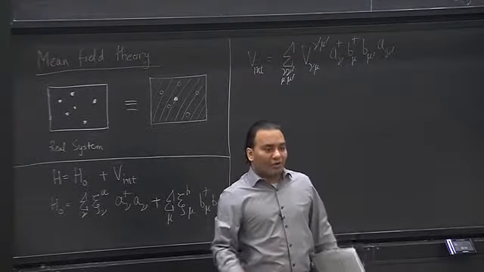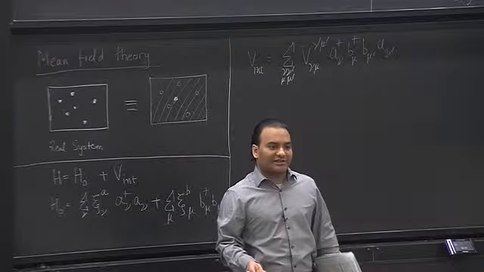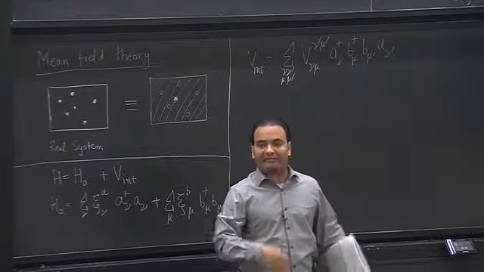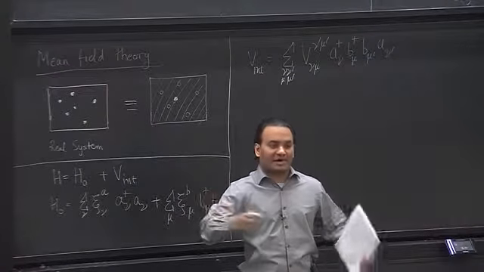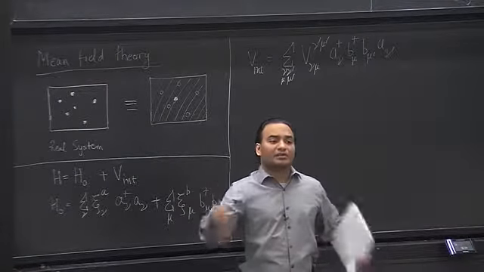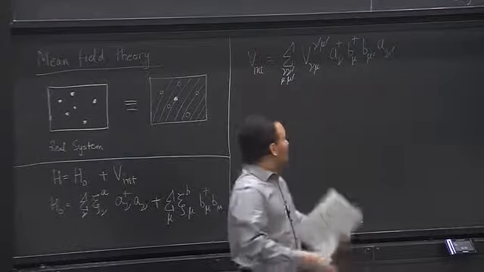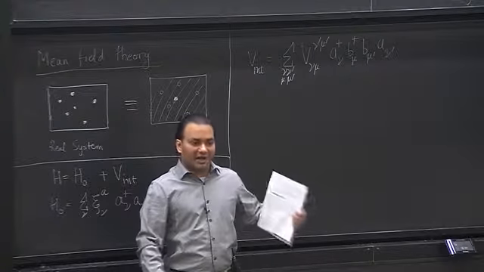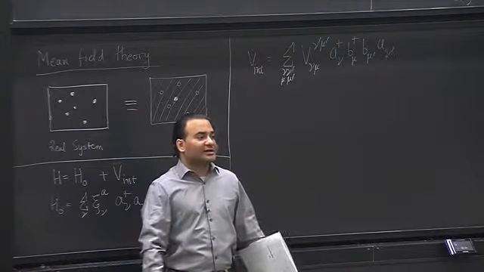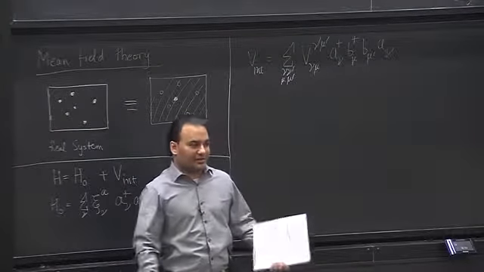So I'm ignoring any two particle interactions. A particles can have two particle interactions with themselves. So two A particles can also interact. Two B particles can also interact. But right now, for simplicity, I'm assuming that there are A particles, there are B particles, and there's interaction between them.